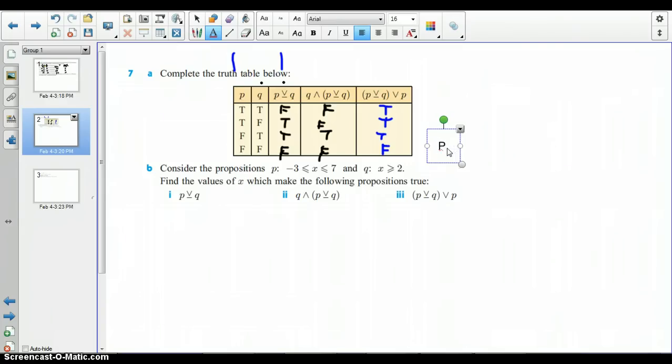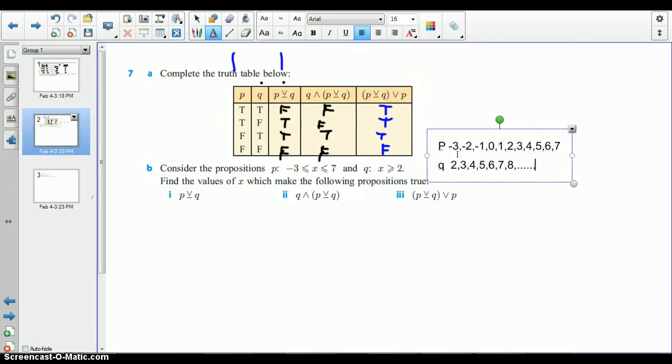So P, we have -3, -2, -1, 0, 1, 2, 3, 4, 5, 6, 7. That's P. Now let's look at Q. We have 2, 3, 4, 5, 6, 7, 8, all the way to infinity.